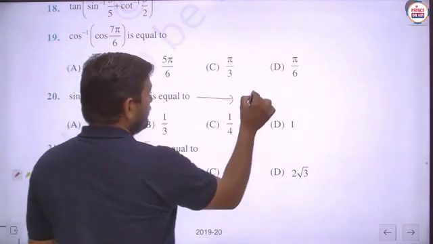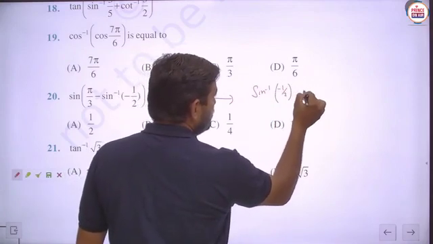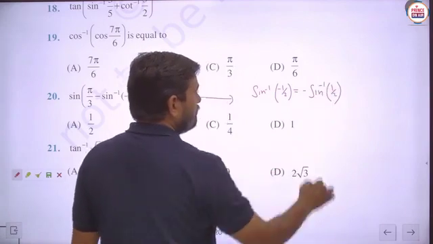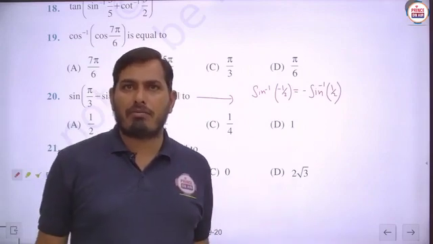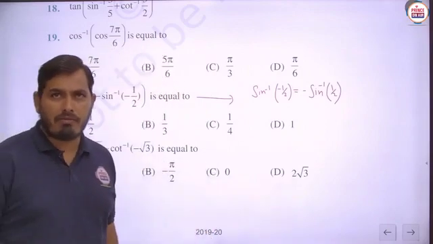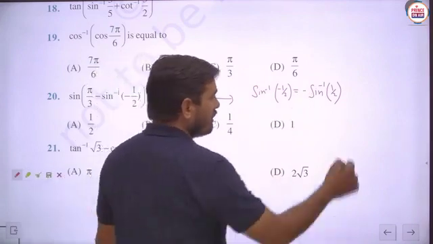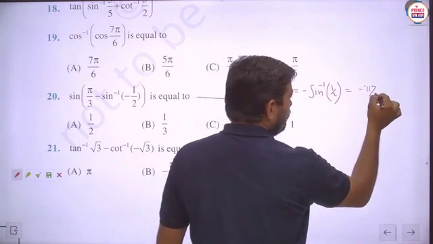So definitely, sine inverse of minus half. Firstly you can write it as minus of sine inverse 1 by 2, because you know very well about the property: sine inverse of minus x will become minus of sine inverse x. So this minus sign will be written outside as per the property, and now you can provide the answer of sine inverse 1 by 2, that should be minus of pi by 6.